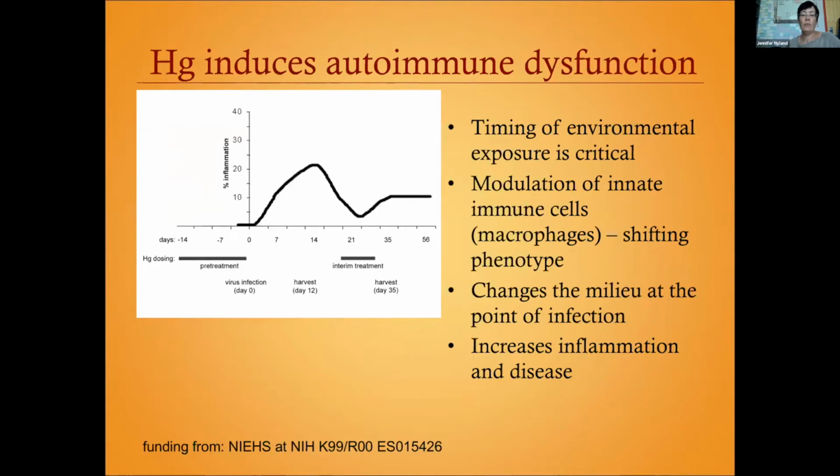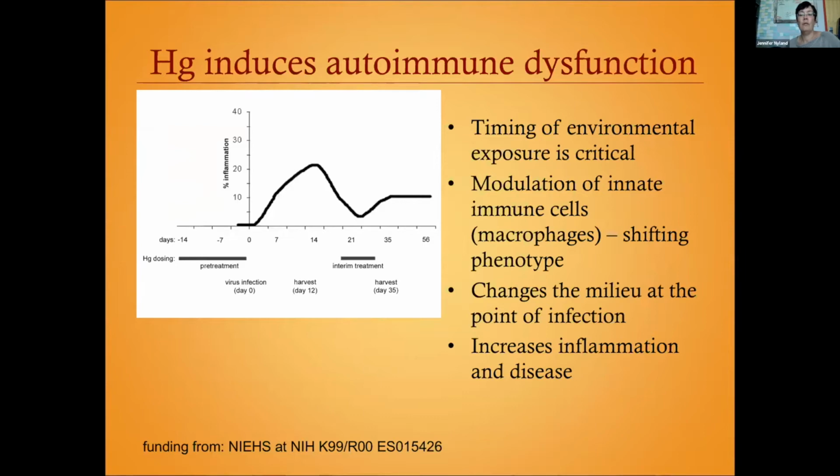If we didn't have that, we did not see the same effects on the autoimmune phase. We saw modulation of these innate immune cells, these macrophages, and evidence of shifting a phenotype toward one that is more profibrotic and less likely to be the one that is going after the virally infected cells. So potentially more damaging to the tissue.